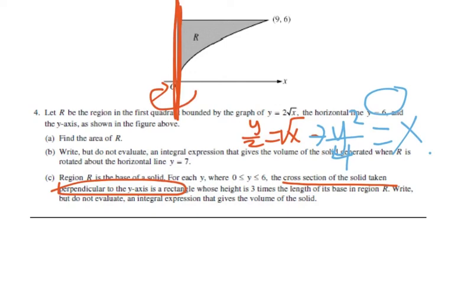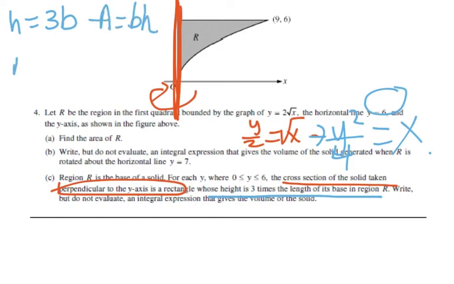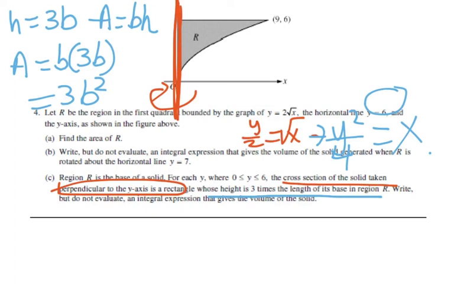Now, the cross sections are rectangles whose height is 3 times the length of its base. So the height is 3 times the base. The area of a rectangle is base times height, so I can replace the height with 3b. Base times 3b is 3b squared. The reason we change this is so that all the terms are in the same letter, the same function, because we have only one variable.